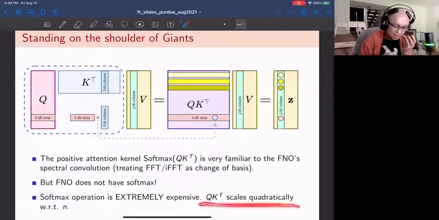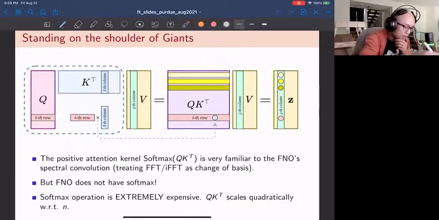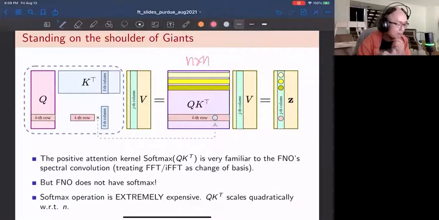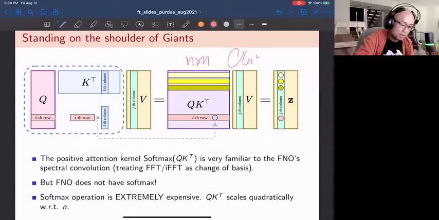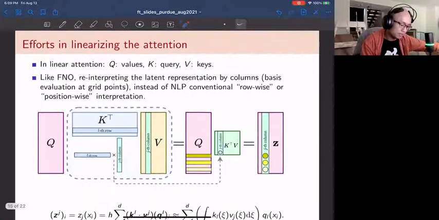This matrix is an n by m matrix, where n is the sequence length. It's very long, it's very big. So its computational complexity is n squared by d when we multiply these two things together. So it's very costly. Even though its performance is sequence length invariant, its computational complexity is very bad.